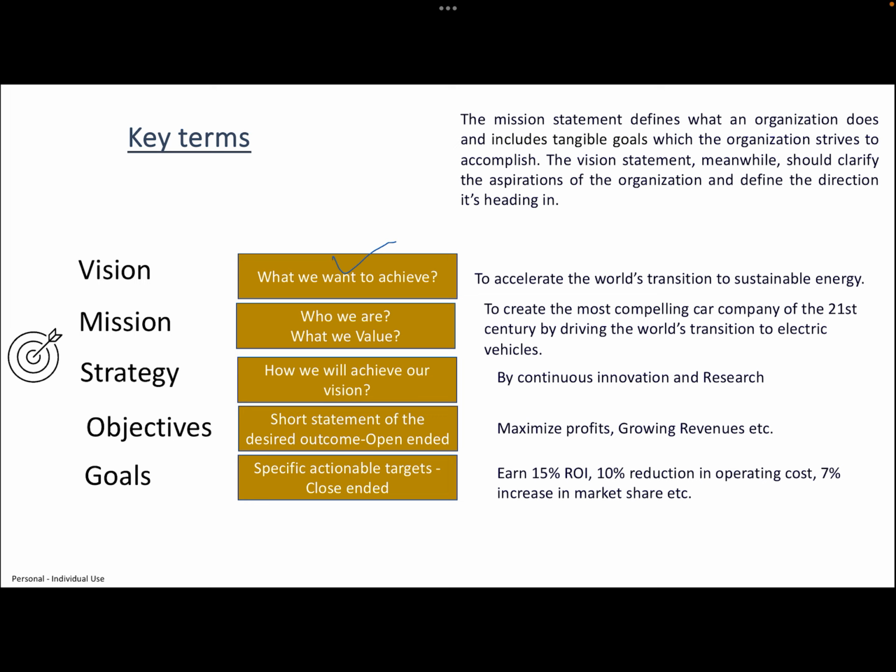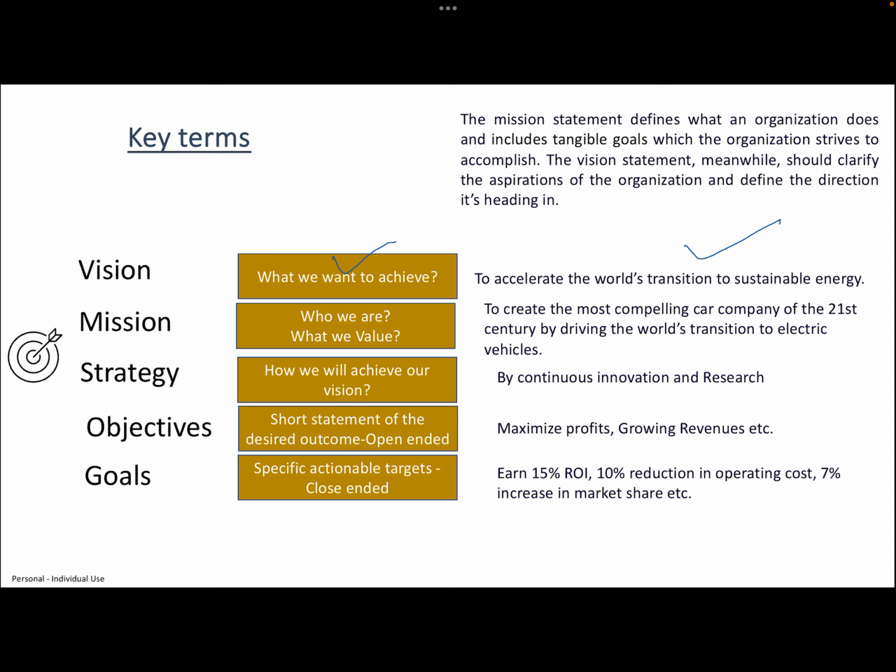Okay, if you see Tesla, which is one of the leading electric car manufacturers in the world, their vision statement is to accelerate the world's transition to sustainable energy, meaning to speed up the world's transition to sustainable energy. Very broad statement. Nowhere in this vision statement have they said that they produce cars, right?